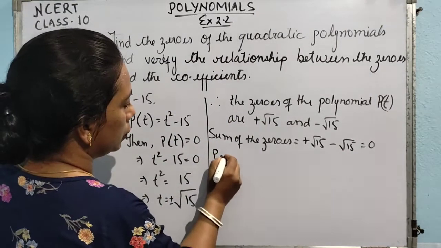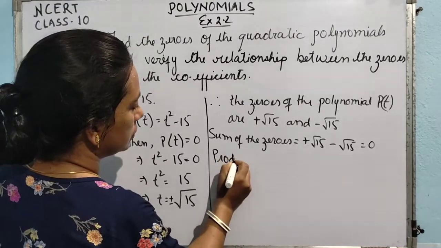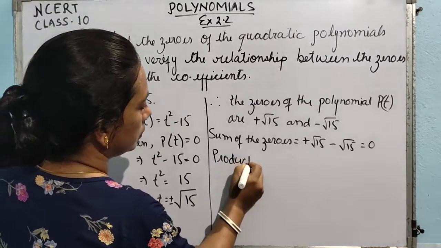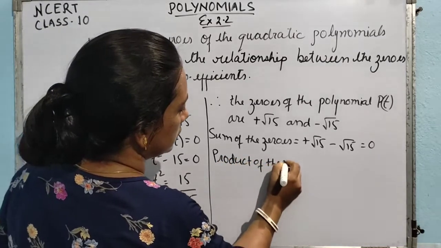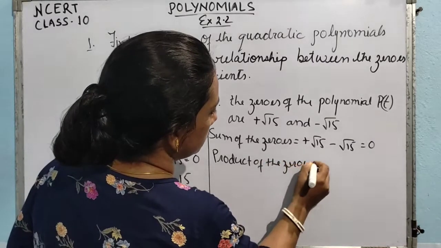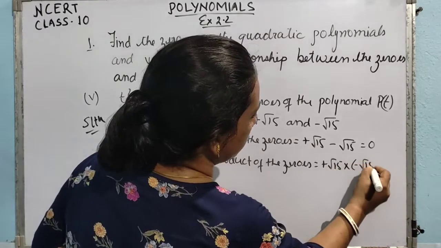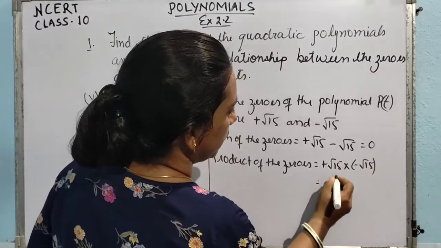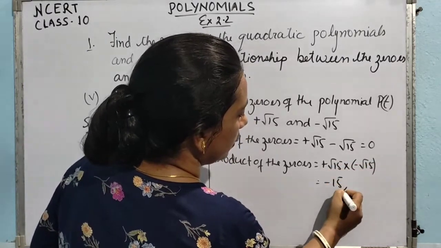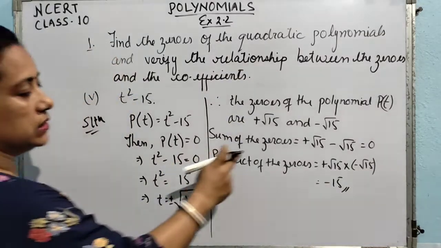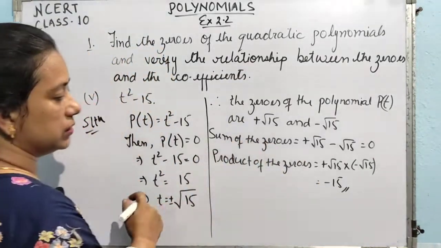Now the product of the zeros equal to plus root 15 into minus root 15. So plus into minus is minus, root 15 into root 15 is 15, so minus 15. So we got the sum of the zeros and the product of the zeros.